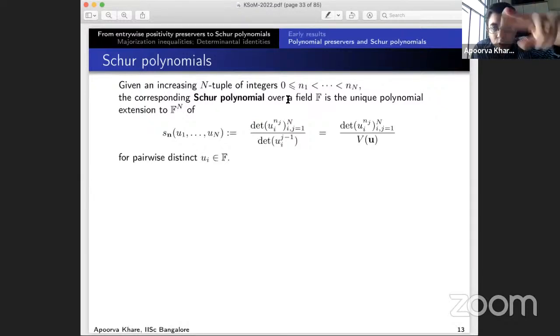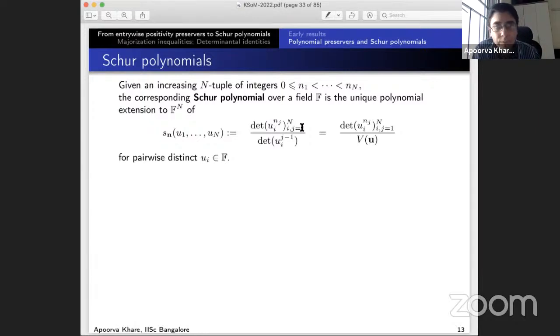Now you see that if I switch the role of ui and uj, or u1 and u2, the determinant becomes negative because the rows are exactly flipping. The numerator is a polynomial, so if I have any determinantal polynomial like this and I interchange two variables, I get a negative sign, so it must be divisible by u1 minus u2. That's well known.